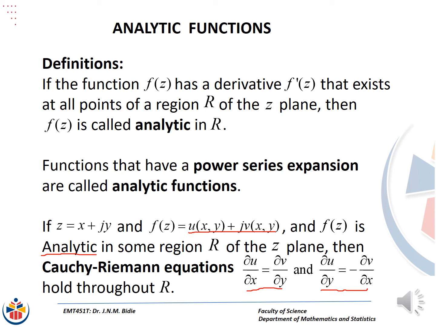Please, let's recall that both conditions have to be met in order for a function to be analytic. Some functions, you will discover that one of these holds, but the other doesn't. Once one of the two does not hold, then that means the function is not analytic.